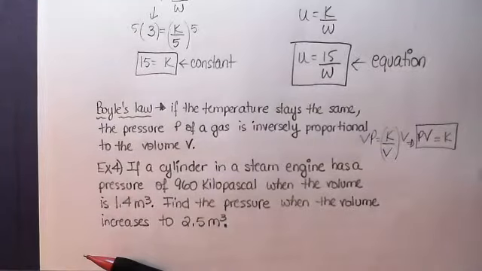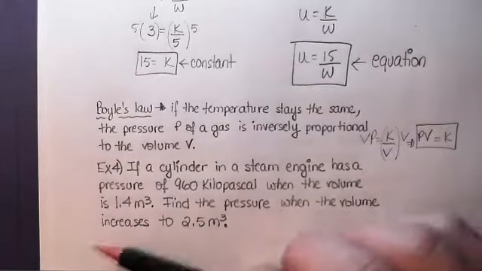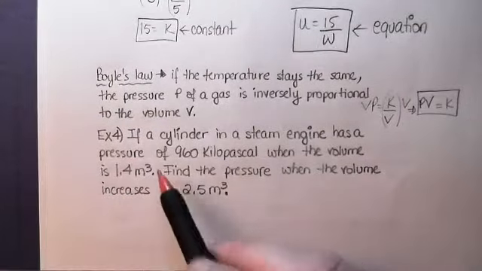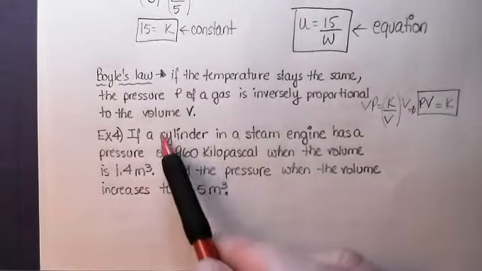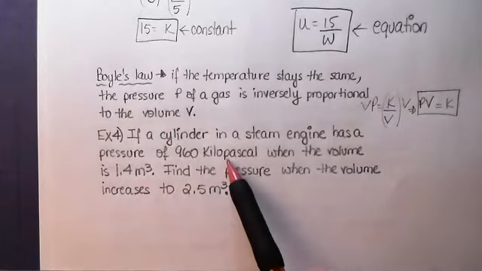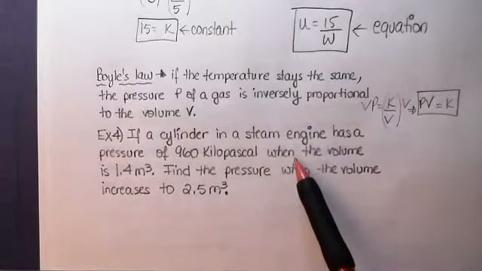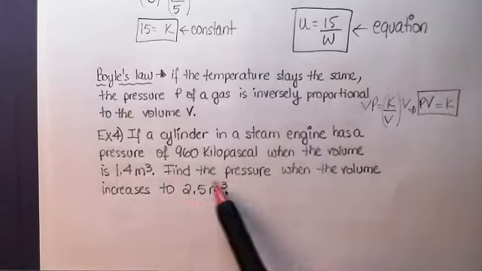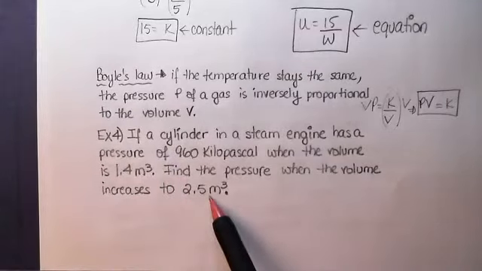So there's a whole idea here about Boyle's law. We have this problem here. If a cylinder in a steam engine has a pressure of 960 kilopascal when the volume is 1.4 cubic meters, find the pressure when the volume increases to 2.5.